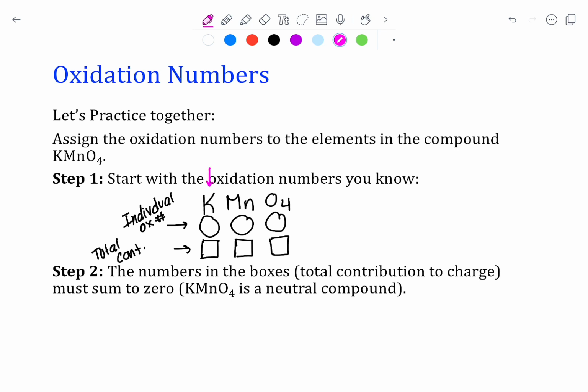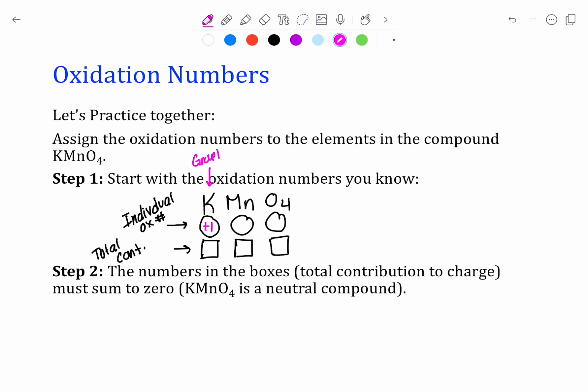Well, K is in group 1, we know group 1 will always have an oxidation number of +1. So we know K has +1. We put it into the circle because that's the individual oxidation number of just one potassium.